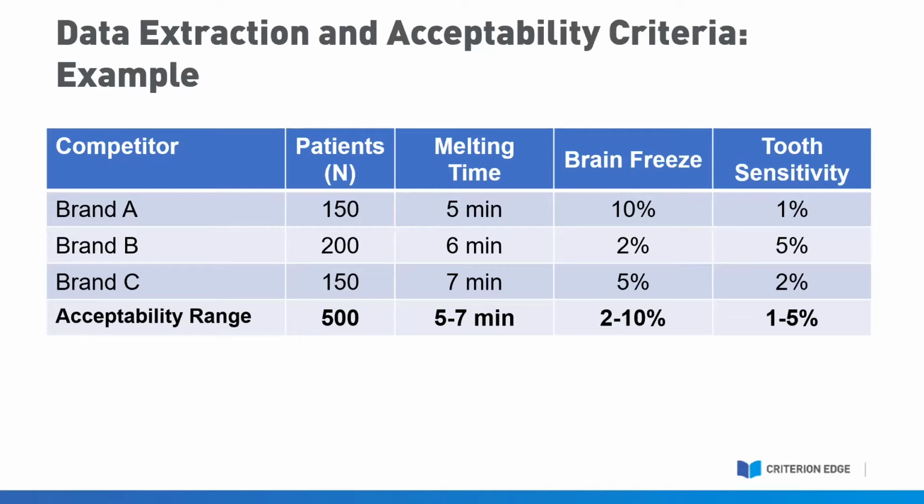That will be the range by which you will then judge or compare your IVD as part of the PER process. So this data extraction and this generation of this acceptability range relies heavily on a well-crafted systematic literature review for your competitor devices.